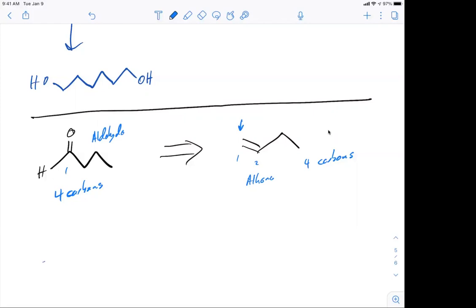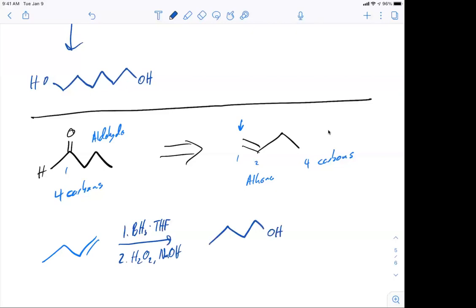So therefore, on this one, we're going to take the double bond and do BH3 THF followed by hydrogen peroxide and base. That will give us our regiochemistry, that one position.